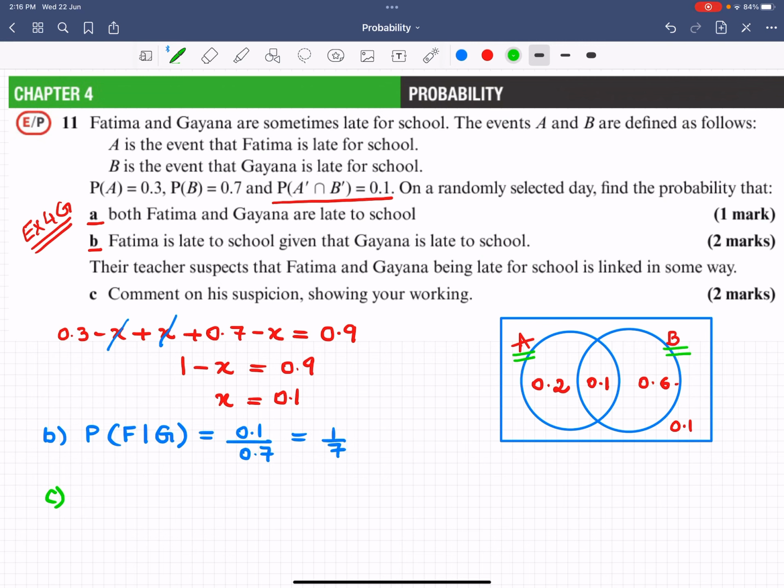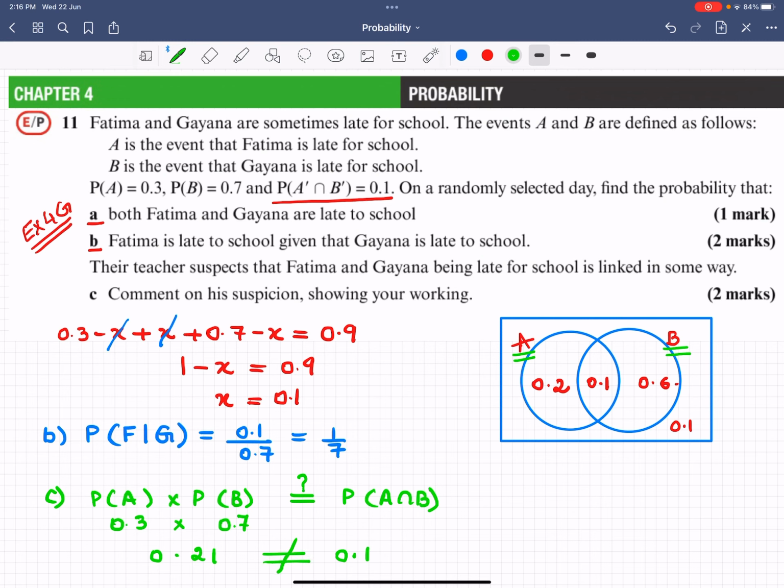To verify, we will do probability of A multiplied by probability of B and see whether or not this is equal to probability of A intersection B. Probability of A is 0.3, probability of B is 0.7, and when multiplied, it's 0.21. Probability of A intersection B, as we can see, is 0.1.